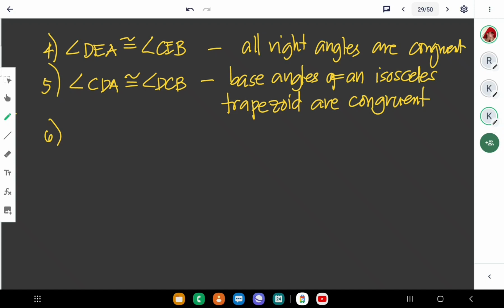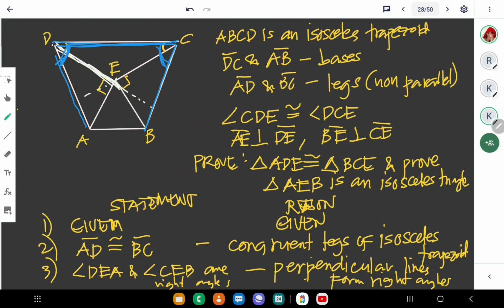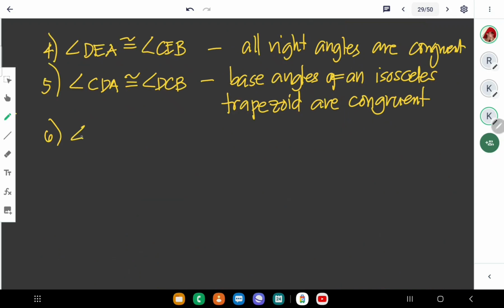And then from there, we can do the subtraction postulate here, subtraction of angles. So angle CDA minus angle CDE. Are you still there?